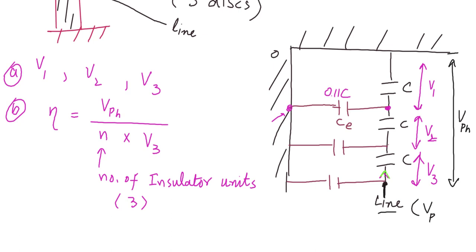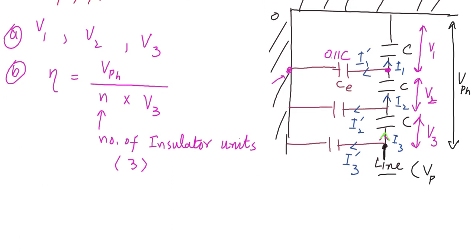So this current flowing here is, let's suppose, I1, and current flowing here is I1 bar. This is I2, and this current is I2 bar. This current is I3. This is I3 bar. Okay, so we labeled the currents.